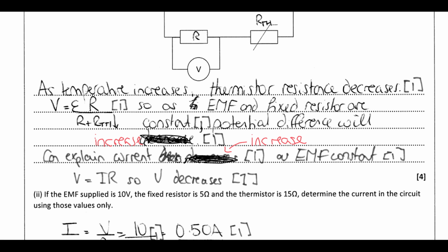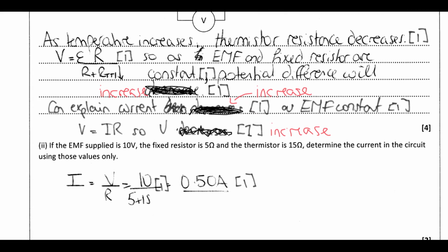And your EMF is indeed going to stay constant, and then likewise the potential difference you're going to measure is going to increase. So we end up with the same answer, which is always reassuring. And either of these methods to explain it would be fine. Neither of them are better than the other, really. Okay, so that's that one.